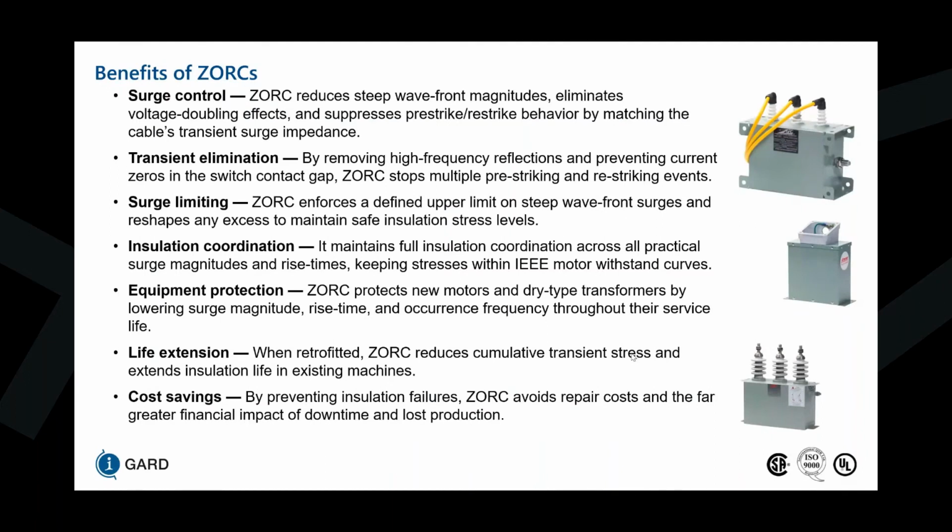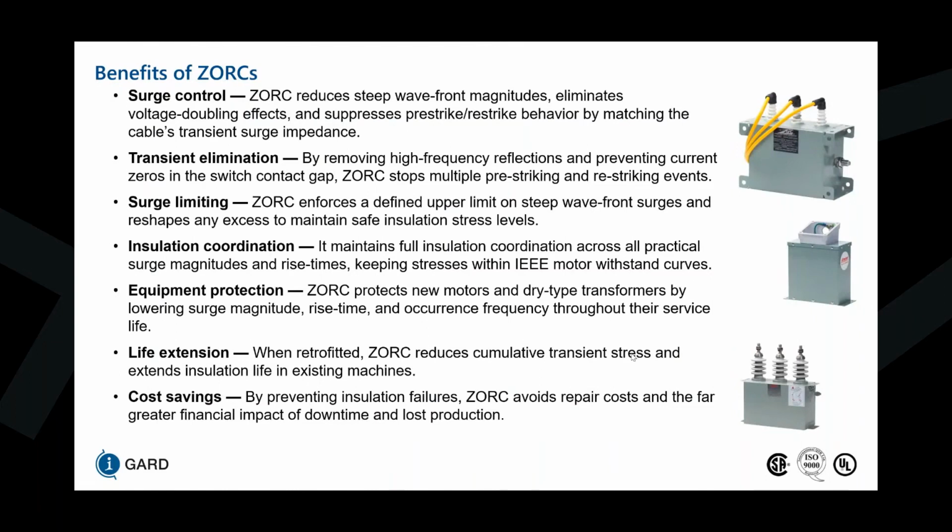So the ZORC is essentially acting as the fall guy for your higher cost capital equipment. So large motors, transformers, generators are very high capital cost. And on top of that, could have very long lead times.